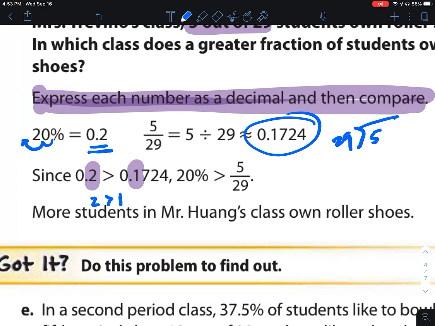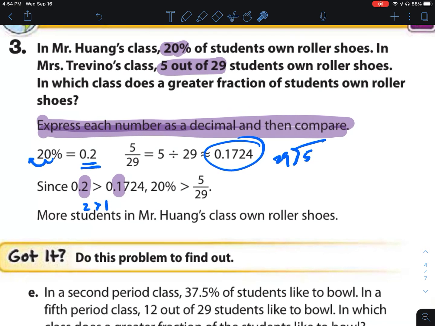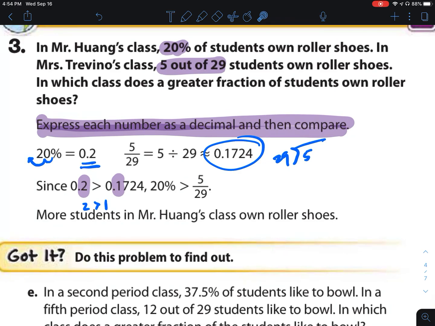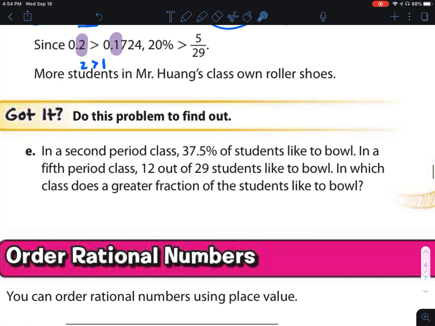So converting that, we get 20% is greater than 5 over 29. Again, if this was too fast, stop the video, rewind it, watch it again. Do that question. Do the got it question on the next question slide.